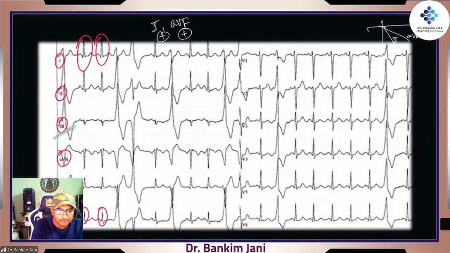Lead 3 is this. Right? Lead 3 is this. And which is the other one? Lead 2. Right? Lead 2's 90 degree is AVL. AVR, AVL. So here it is the AVL. So we have got the lead 3, right, and the AVL. Out of these two, which one has as much upward as downward?